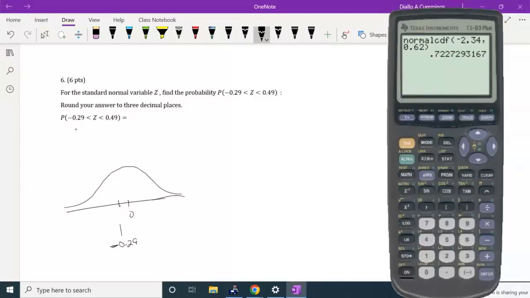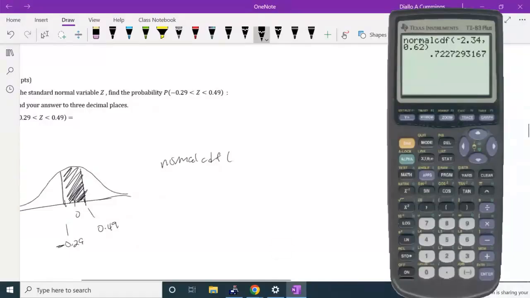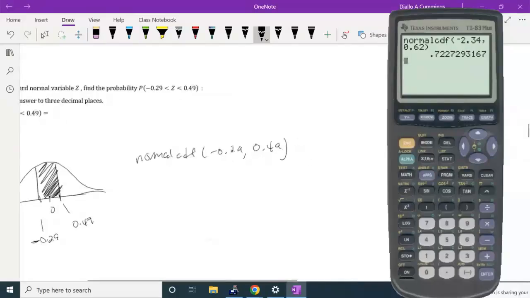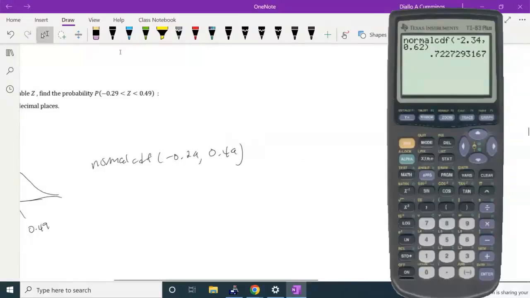0.29. And I want to guesstimate 0.49, which is somewhere to the right of 0. And we want the area between them. So we're going to use a normal CDF function. We're going to put in negative 0.29 as the lower limit, 0.49 as the upper limit.